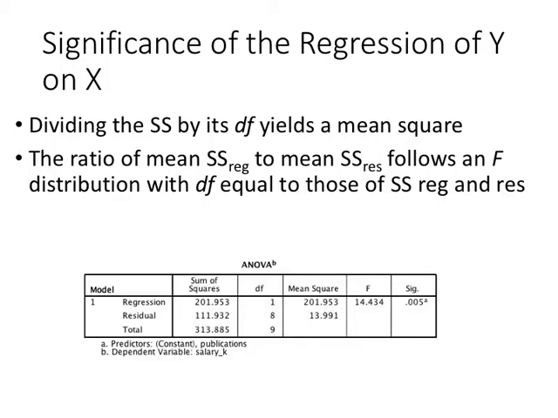So where is the F table in our appendix? 944 is where the F table starts.